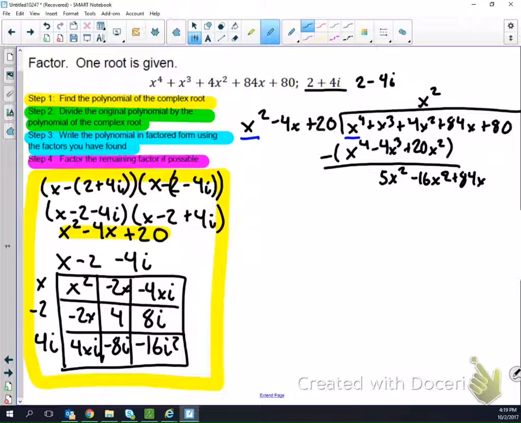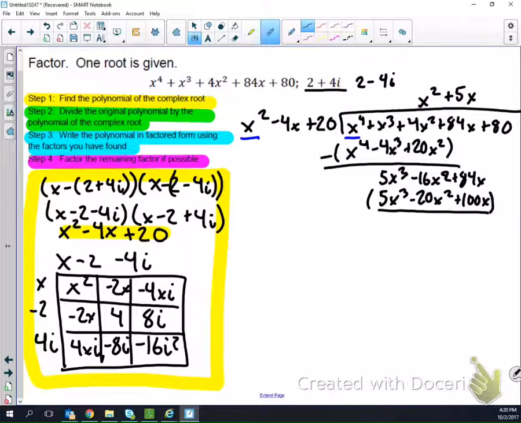So what times x squared gives me 5x cubed? Well, 5x. So we'll get 5x cubed. Now 5x times the negative 4, negative 20x squared. And 5 times the 20 is 100x.